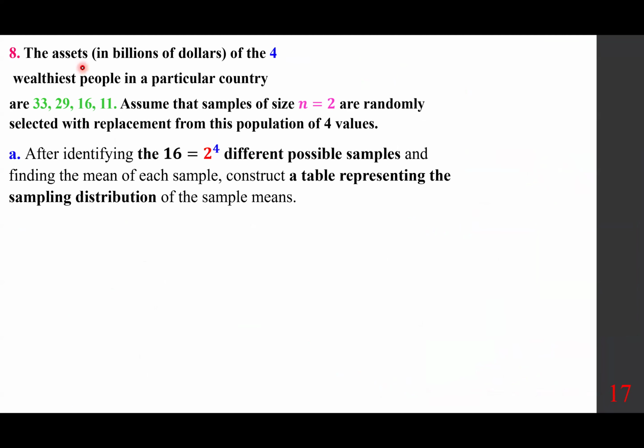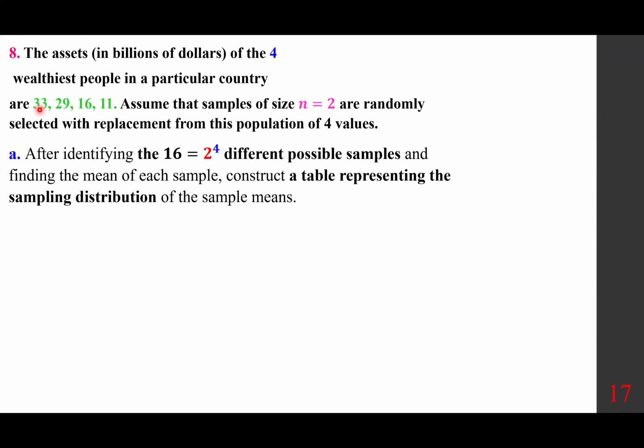The assets in billions of dollars of the 4 wealthiest people in a particular country are given as follows: 33, 29, 16, 11. Assume that samples of size n equals 2 are randomly selected with replacement from this population of 4 values. So we have 4, and we're going to pick 2.